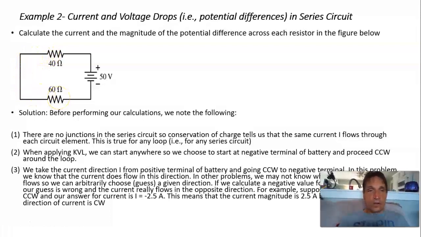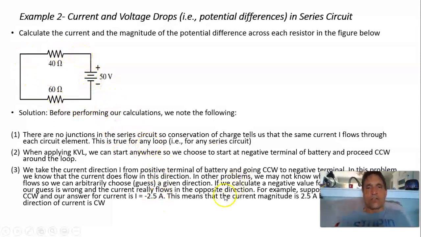So let's just suppose, for example, that we assume the current flows counterclockwise. We calculate current and we get negative 2.5 amps. Okay, the negative sign tells us that our guess as far as direction was wrong. We guessed counterclockwise. We get a negative number. What it really means is that the current is really going clockwise around the loop.